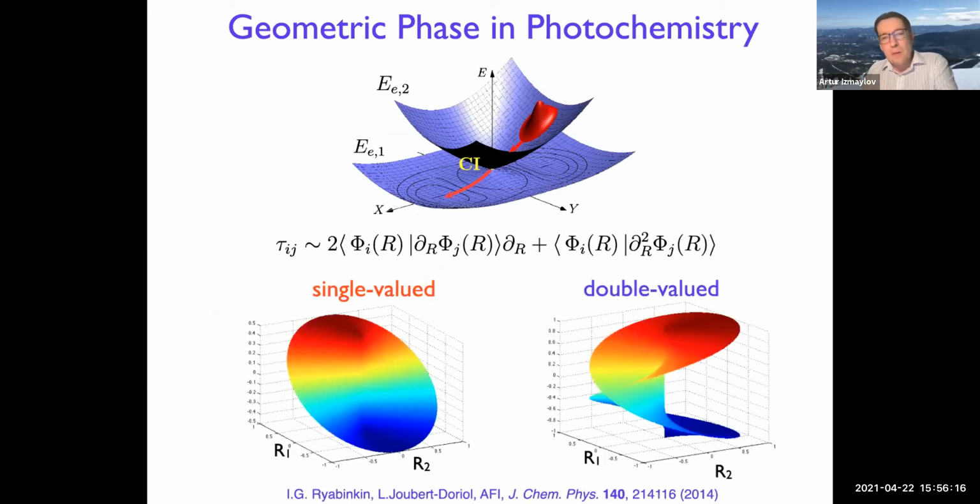And if you have a double-valued or single-valued object, which here, for some model system, I represented with two coordinates, there is electronic function behavior. You can easily imagine that the behavior is quite different, and then the non-adiabatic couplings behave quite differently in the two situations.